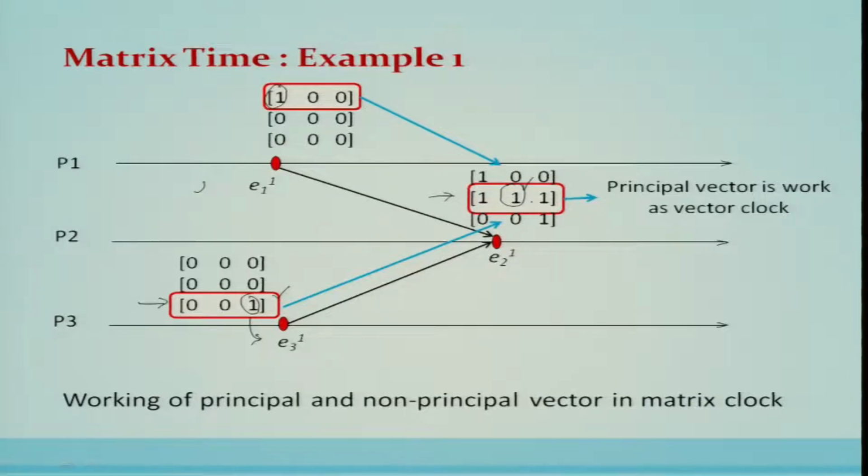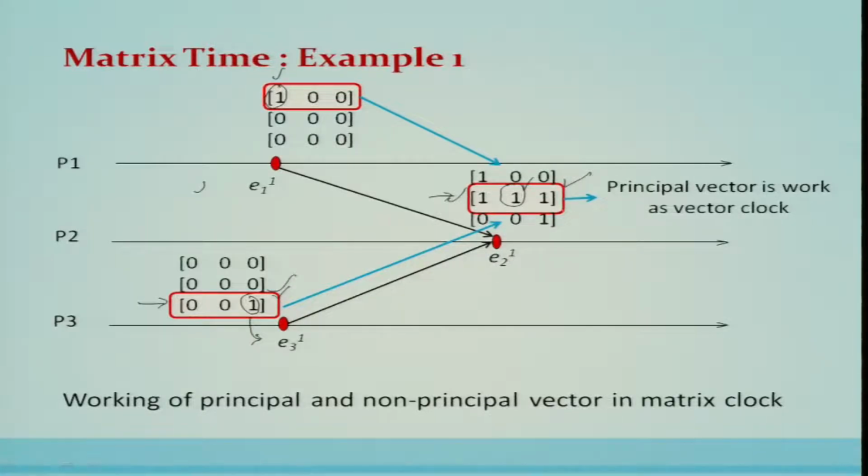Now as far as the time which it has received, that will be updated based on the local view of the other processes. For example, process 1 has its clock 1, so it will be updated over here. Similarly, process 3 has a clock value 1, so it will be updated.